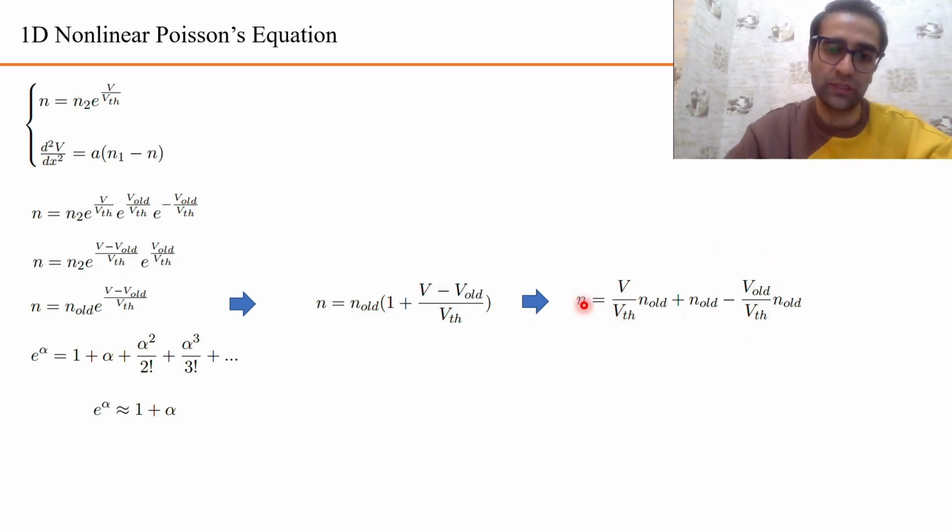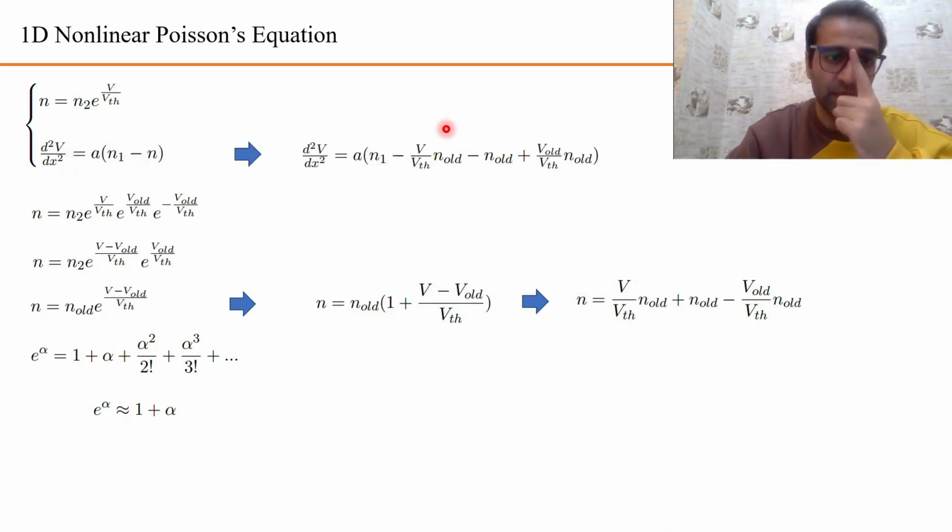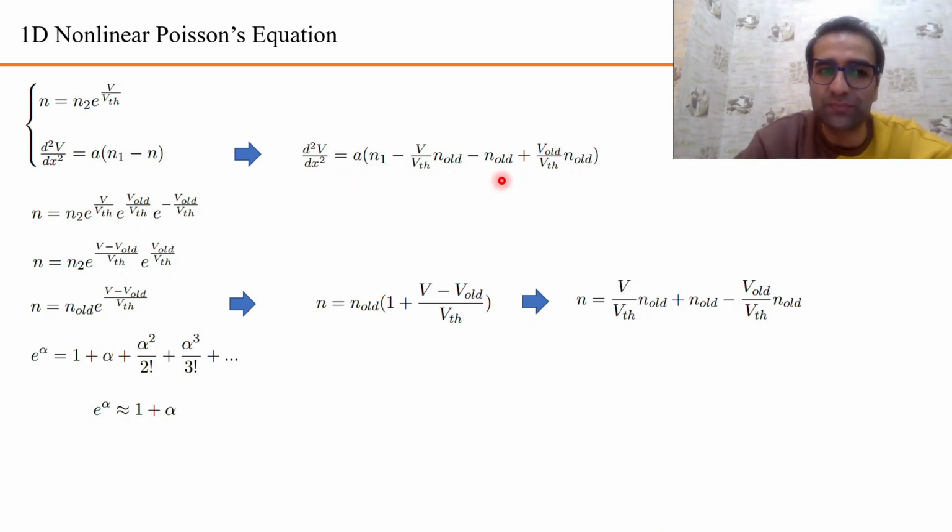And by substituting this n in the Poisson equation, the right hand side will be the following, right? And if you notice, previously we had an exponential dependence of the right hand side on the potential, but what we have now is a linear dependence of the right hand side, because you see that we have v here instead of exponential of v.